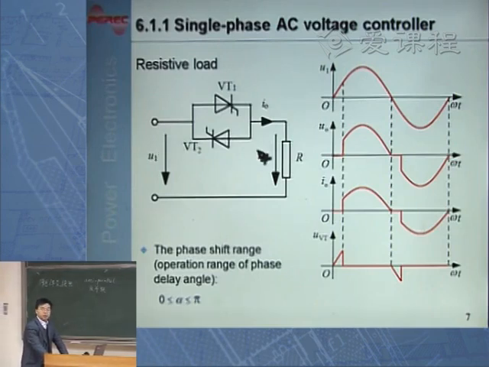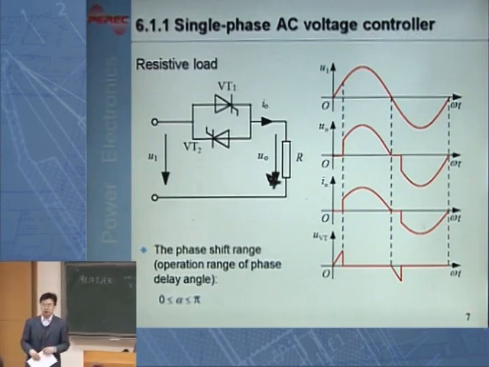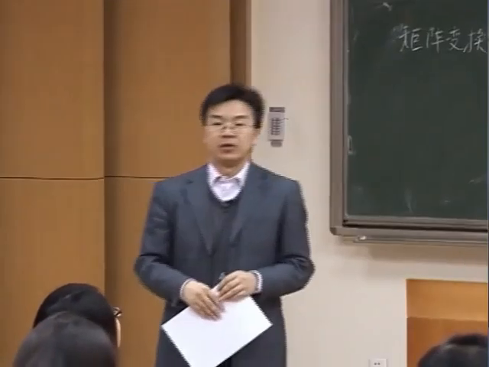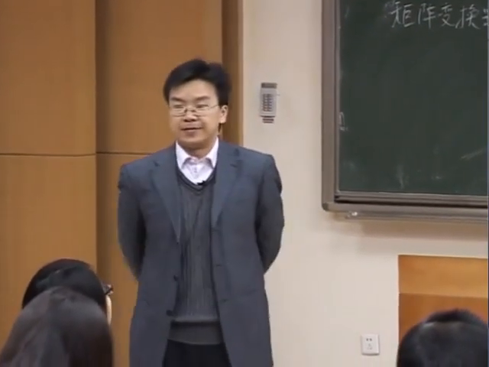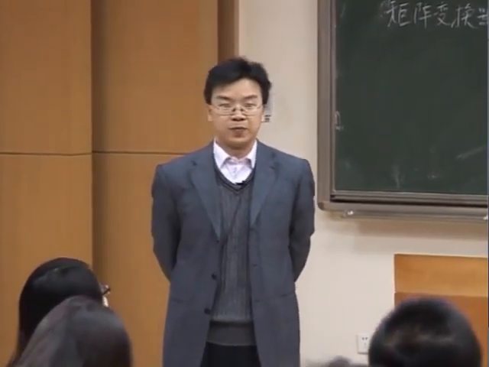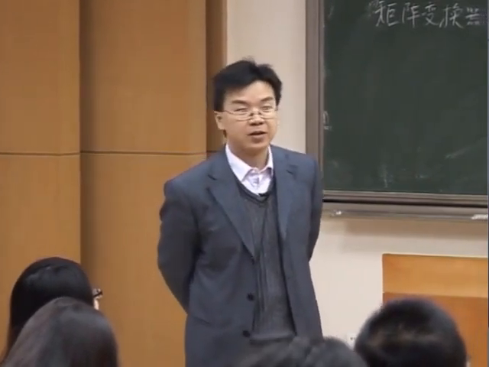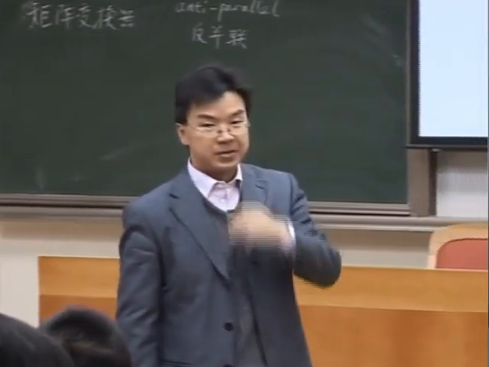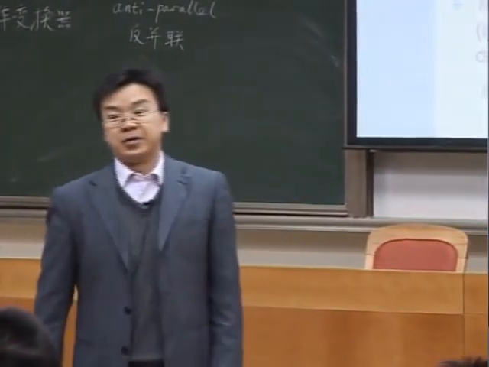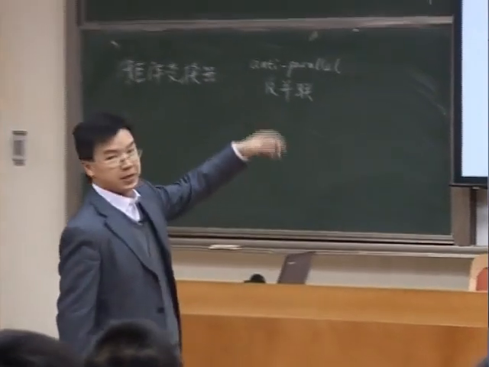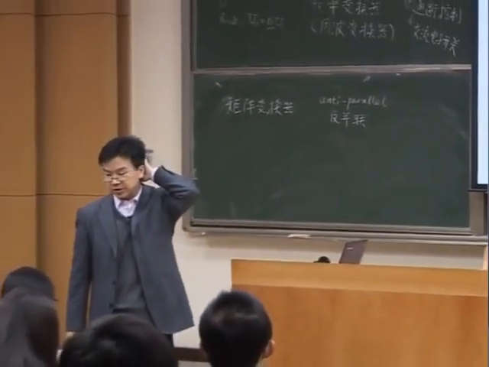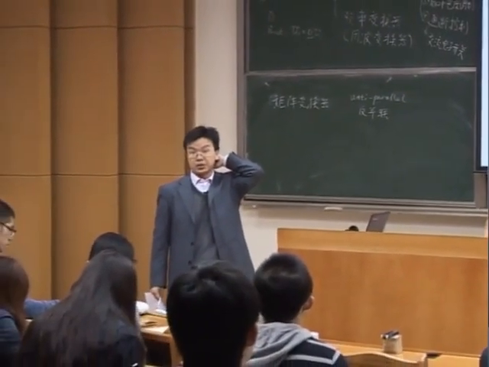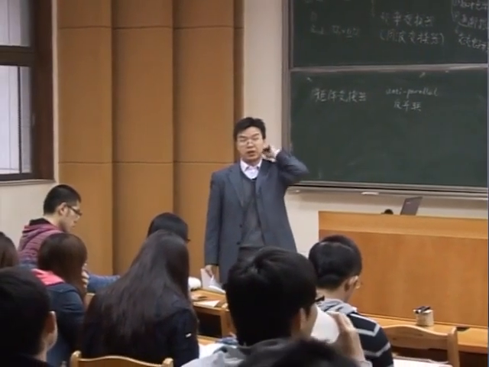Remember, we have a rule. We can always follow this rule when you start to analyze thyristor circuits. What is that rule? Start from the diode circuit. You can always replace thyristors with diodes first and see how those diode circuits are working.